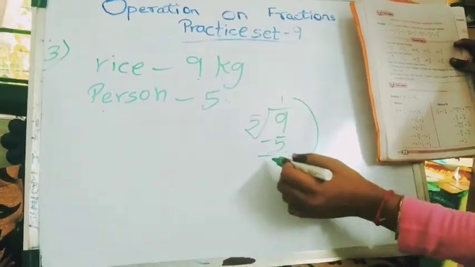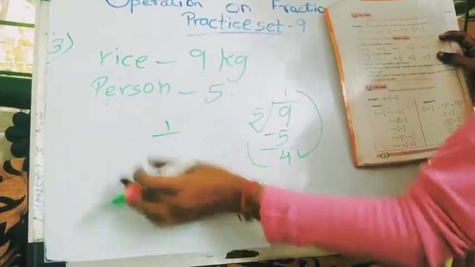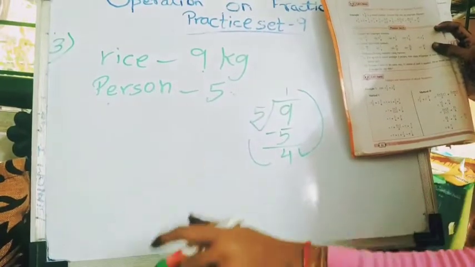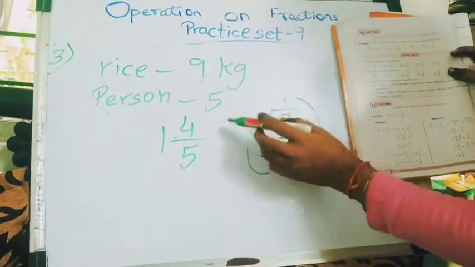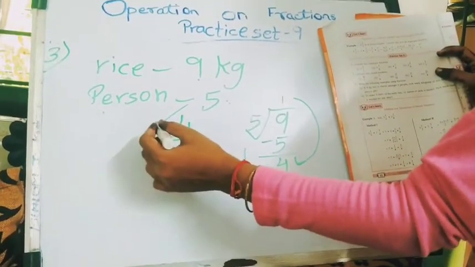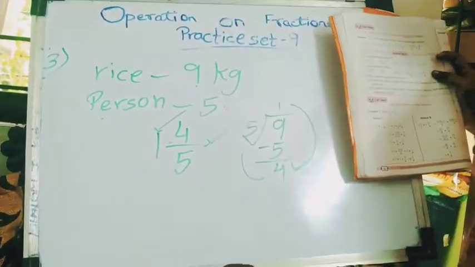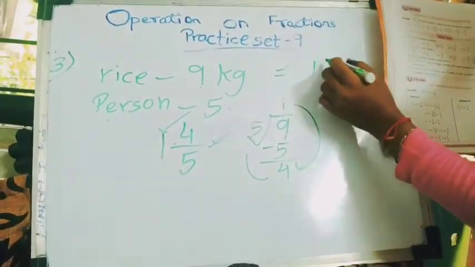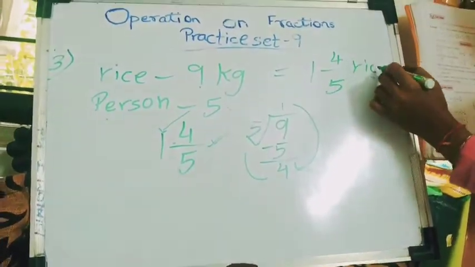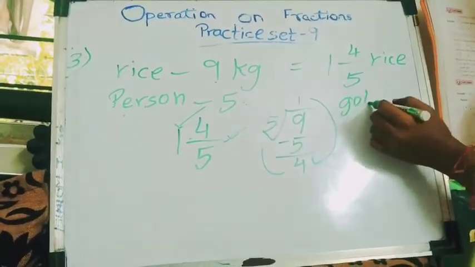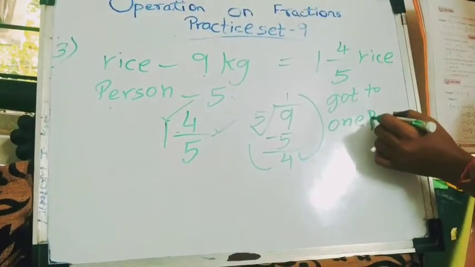You can write, just start from here, 1 upon 4 by 5. It means one person gets 1 upon 4 by 5 kg of rice.